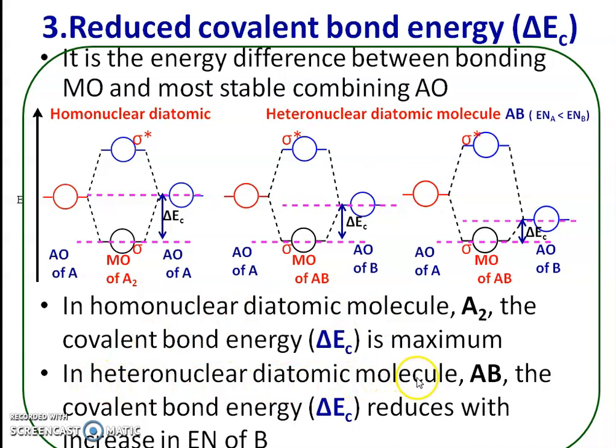In a heteronuclear diatomic molecule, say AB, the covalent bond energy reduces with increase in electronegativity of atom B. So this is a very important point, that there is a reduction in covalent bond energy in a heteronuclear diatomic molecule.